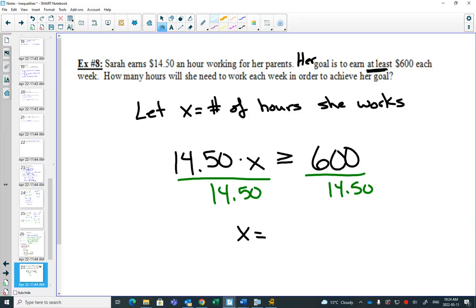It's like 41.38. Yes, it is a weird number. So, would 41 hours be enough? So because it's a word problem, we need a statement.